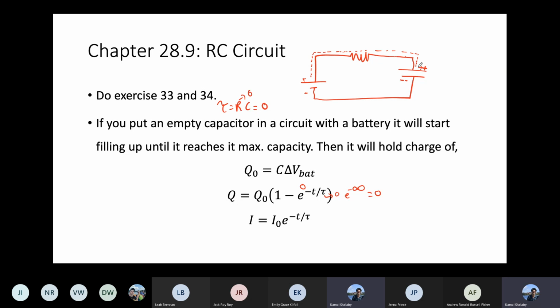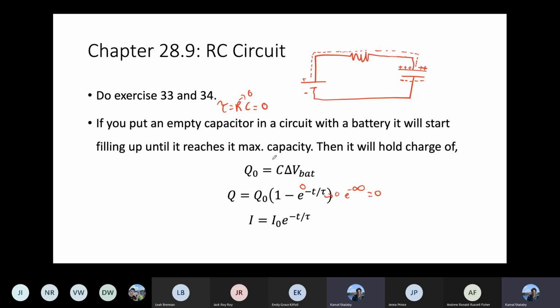But the capacitor can only take so much, so over time charges accumulate over here until it carries as much as it can. After that happens, it's going to stop taking any more charges, so the current will stop. It's the same thing we're seeing here.